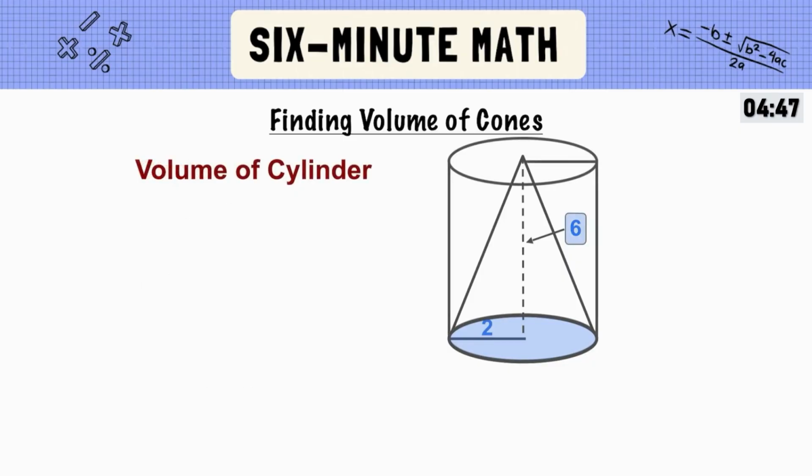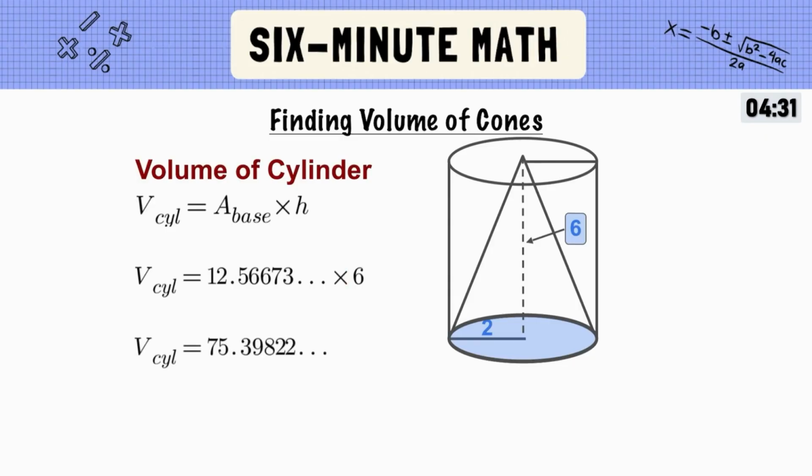I am then going to multiply that by the height to find the volume of a cylinder with the same measurements. So we take that area of the base, which we just figured out. We're going to multiply that by our height of 6, giving us a volume of a cylinder with these measurements of 75.39822.